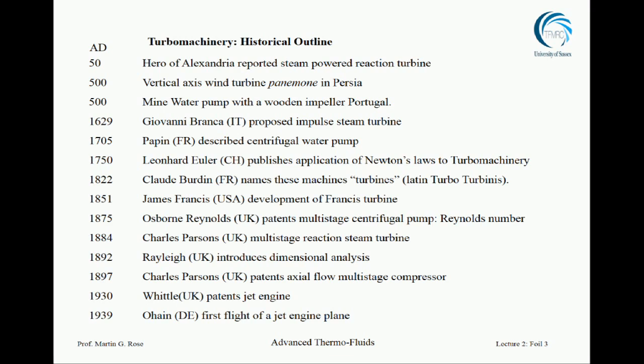Francis in America in 1851, who developed the Francis turbine. The Francis turbine is a rather special machine, one of very few, which is both a pump and a turbine. So you can use it for pumping water up a hill, and then you can use the same machine to take energy out of the water coming back down the hill.